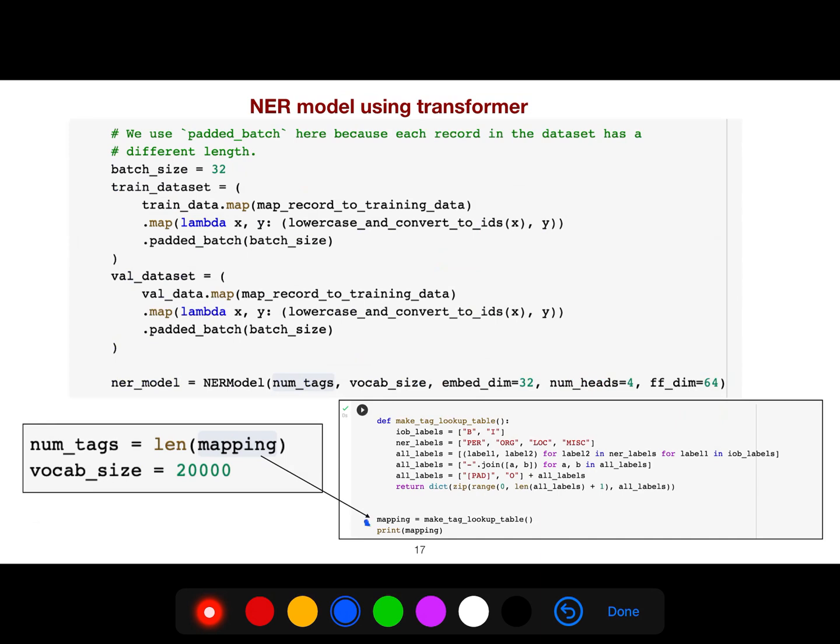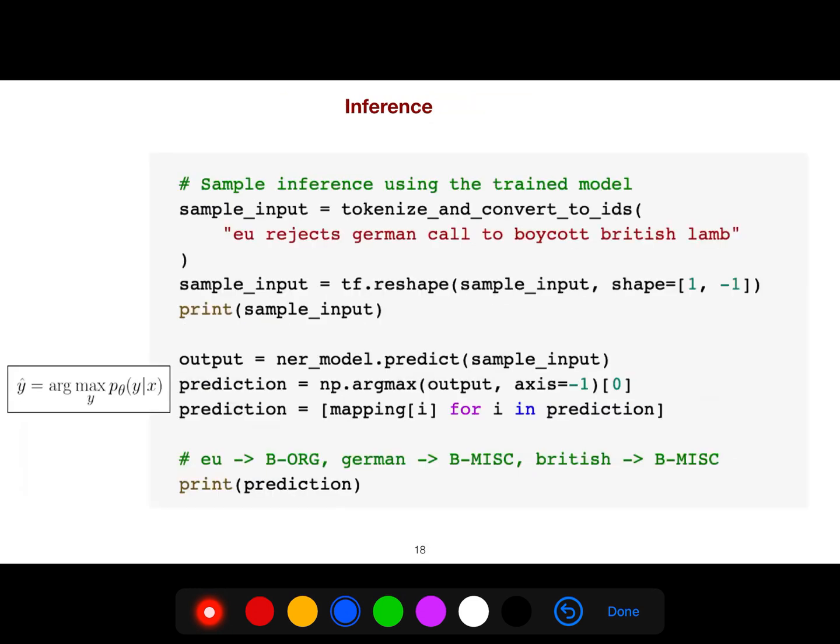So as I said, this is important. The length of mapping is the number of tags, and our vocabulary size is 20,000. And we use the inference here at this line, prediction, because we are maximizing. Now we have trained, and now we can do it for a test point, and we can see what text it predicts.